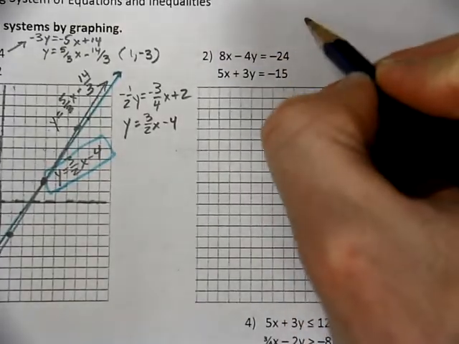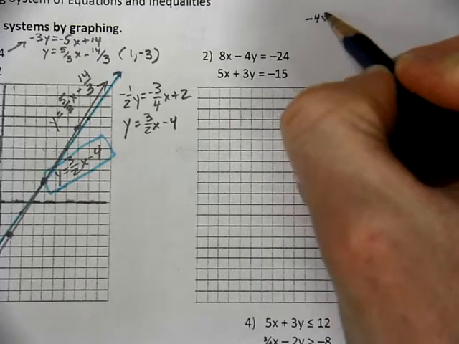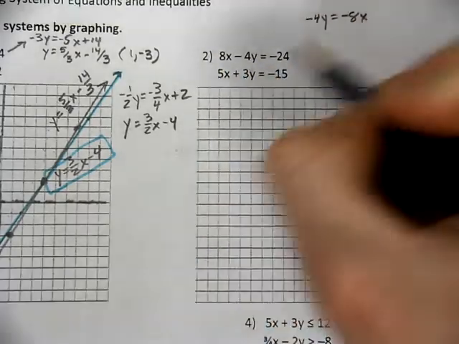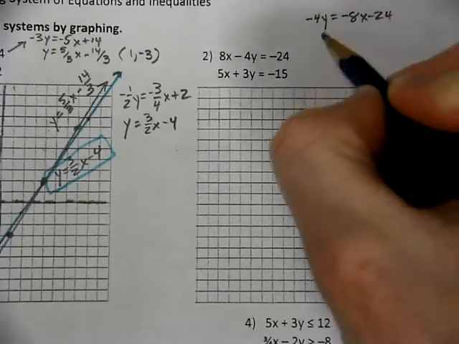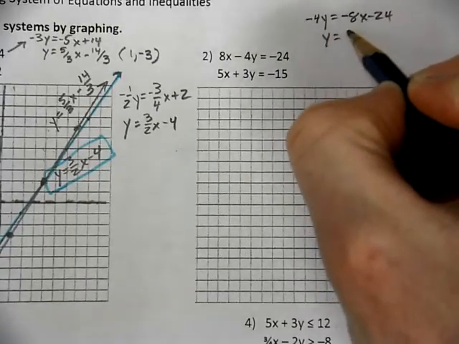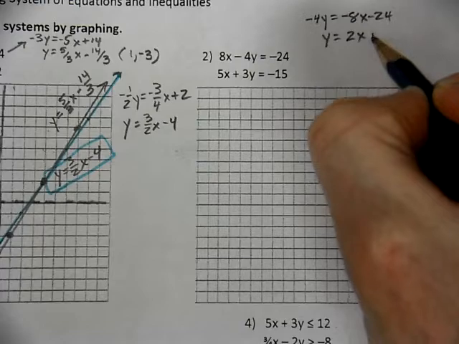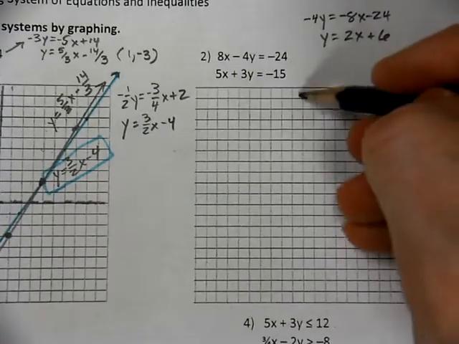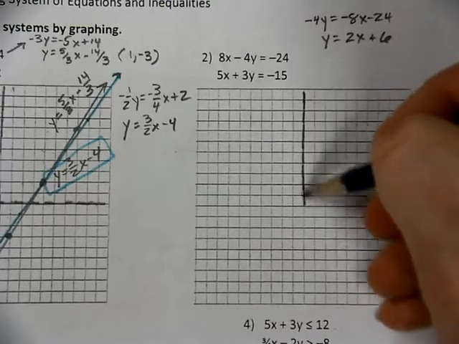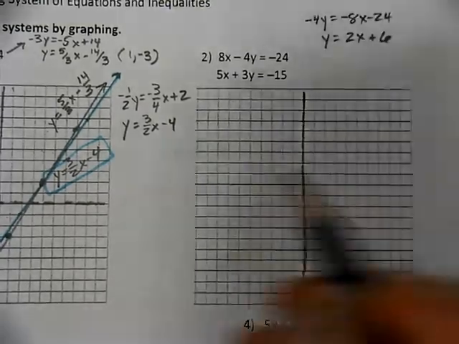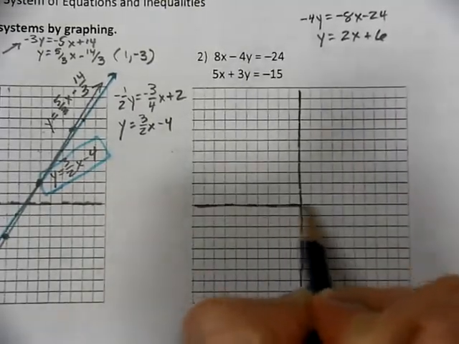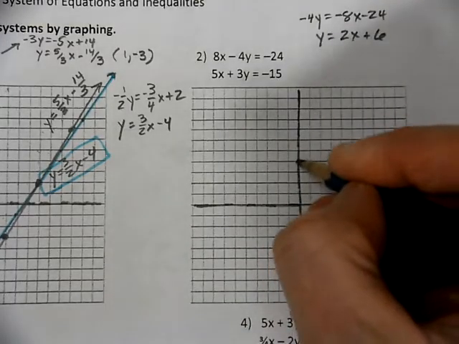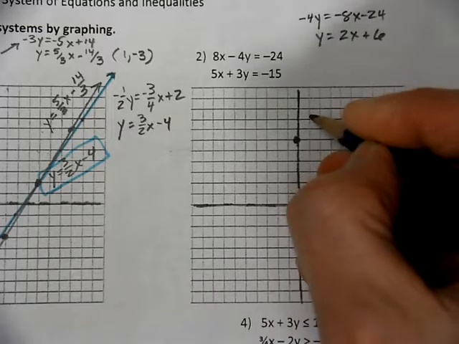So similar idea. We're going to take our negative 4y, subtract the 8 across, divide by the negative 4. That comes out really nice. So we're up at 6 and a slope of 2.